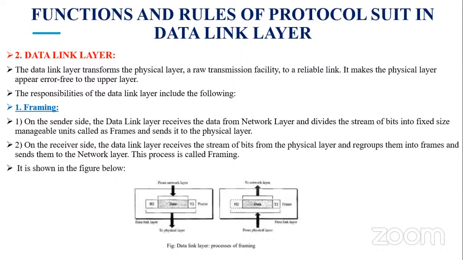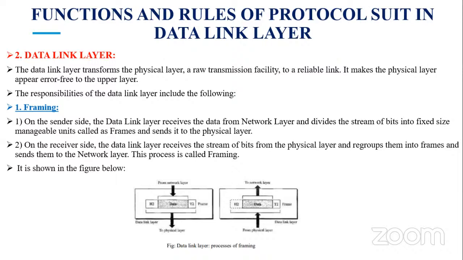ద సేమ్ వే in the flow control, data link layer will take care about the flow of the bits per second. ఎంత స్పీడ్ తో వెళ్ళాలి, ఎంత స్పీడ్ తో సెండర్ డివైస్ రిసీవ్ చేసుకుంటుంది అనేది ఫిజికల్ లేయర్ చూసుకుంటుంది.